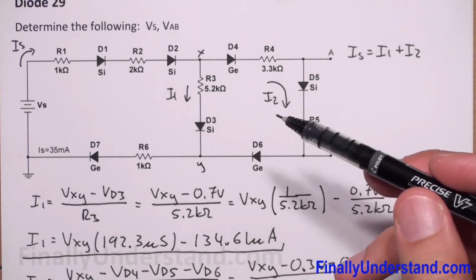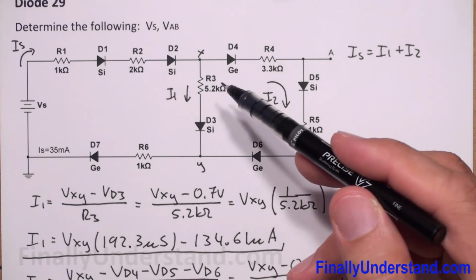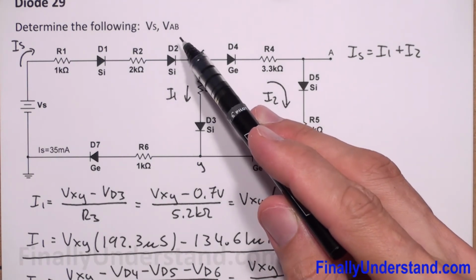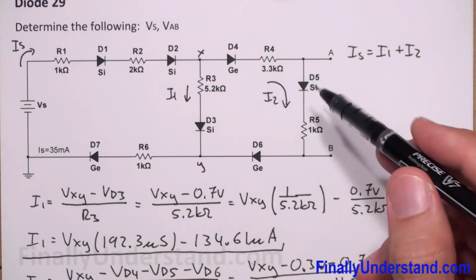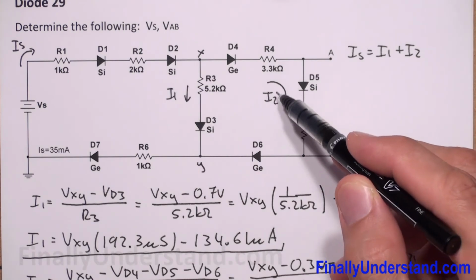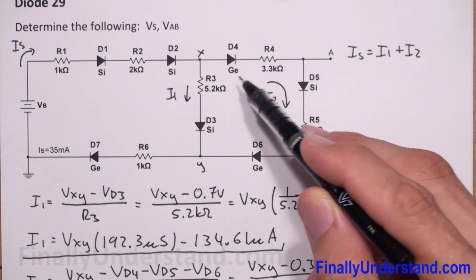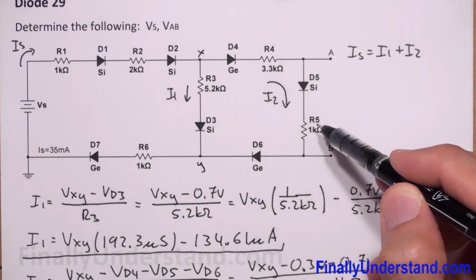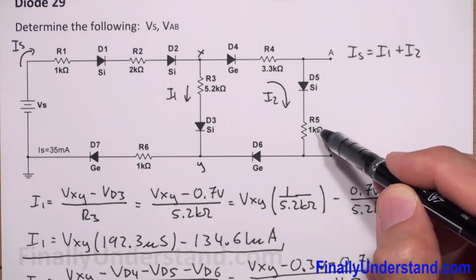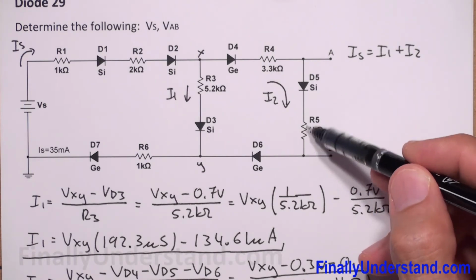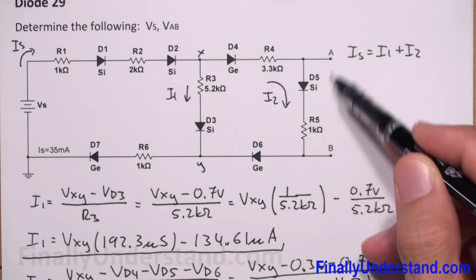But the problem is not asking me for VXY. The problem is asking me to find the voltage source and VAB. In order to find VAB, I'm going to find current I2. Why I2? Because I2 will go through the resistor R5, and keep in mind that the sum of these voltage drops will give me VAB.